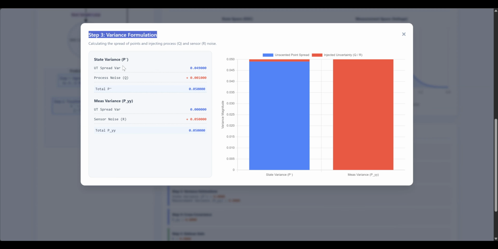So here we calculate two types of variance. First is the state variance. Basically this will be telling how much is the spread of the state that we have, how uncertain I am currently at the state prediction, as well as how uncertain I am at the measurement prediction.